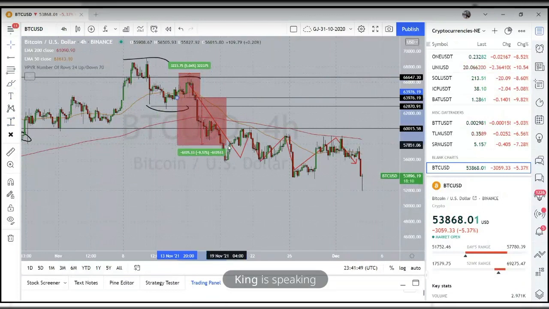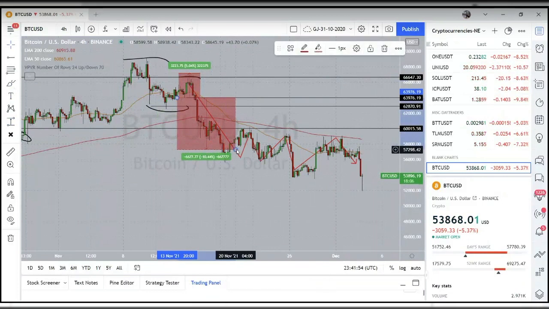Once I've hit 5% profit, I've hit 100%. So I now know that I've got my margin in profit.